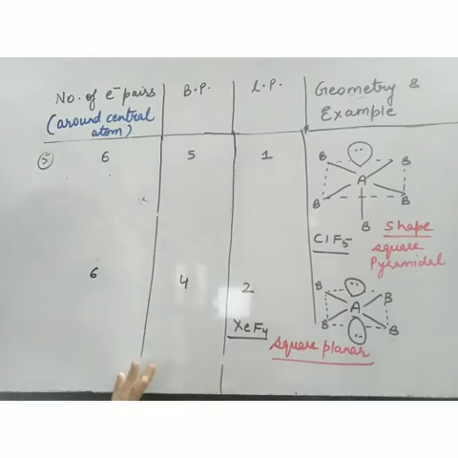From this table, direct questions come. You have to simply learn the shapes of molecules, like what is the shape of ammonia molecule, what is the shape of water molecule, and definitely you have to learn the bond angles also. So this is the second theory in this chapter, and in the next video we'll discuss the third concept regarding bonding.